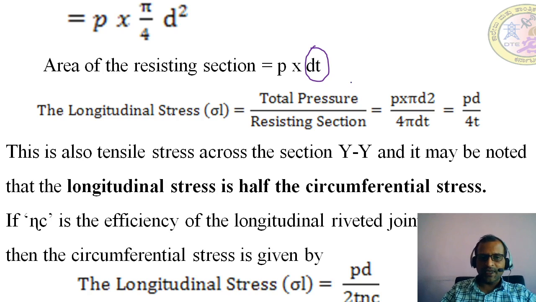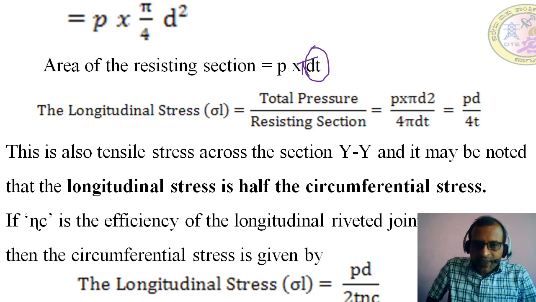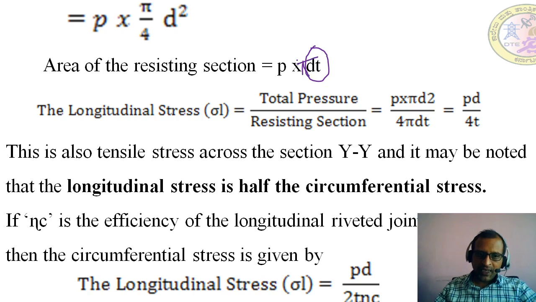So you are considering it as P into dt. So substitute the longitudinal stress, that is total pressure by resisting section. So that is P into pi d square by 4 by pi dt. Right? There is a pi, so it is not dt, it is pi dt. So pi dt is the resisting area section.